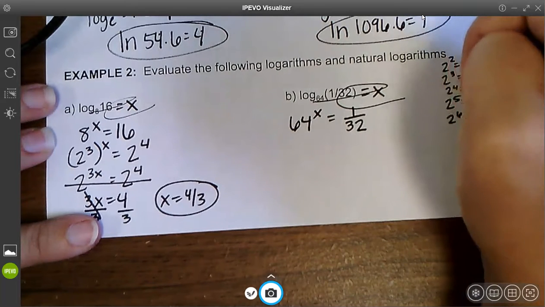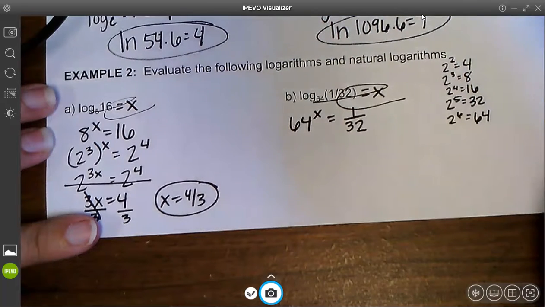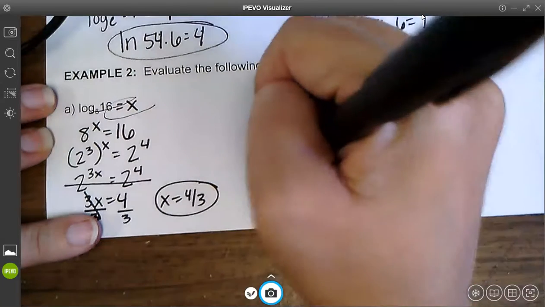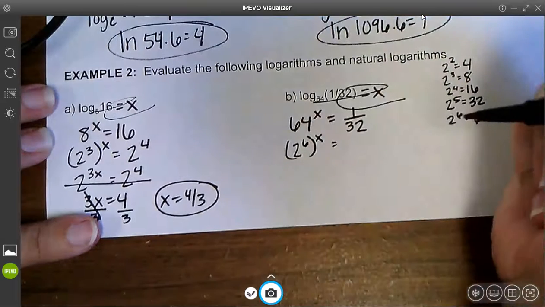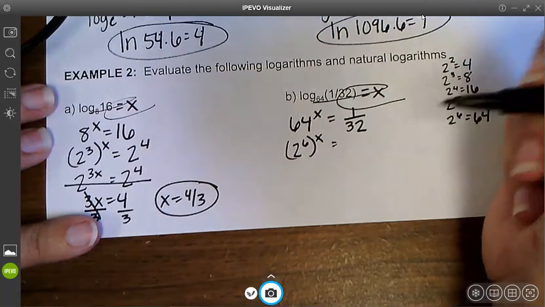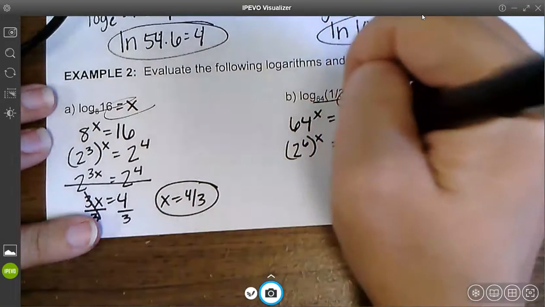So these are things that you need to be able to figure out if you don't know them right off the top of your head. Figure out what base you can use. So 2 to the 6th is the same thing as 64. Well, 1/32, if it's in the denominator, I can move it to the numerator by giving it a negative exponent. So I have 32 to the negative first power.